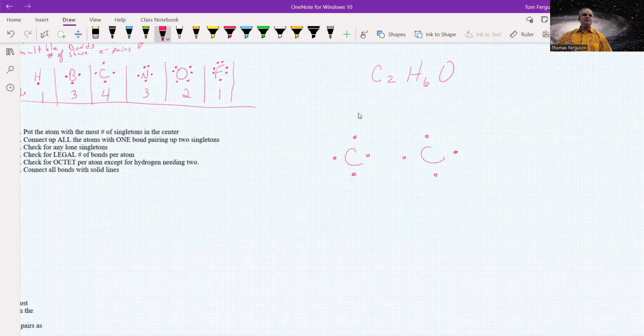So I'm going to put those in the middle. Then we have an oxygen, and we have 6 hydrogens.